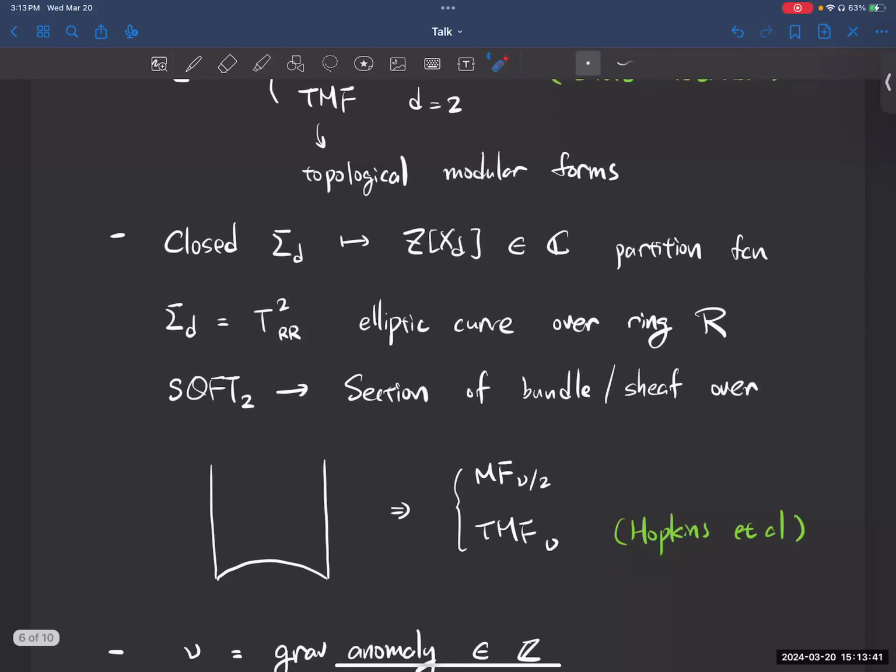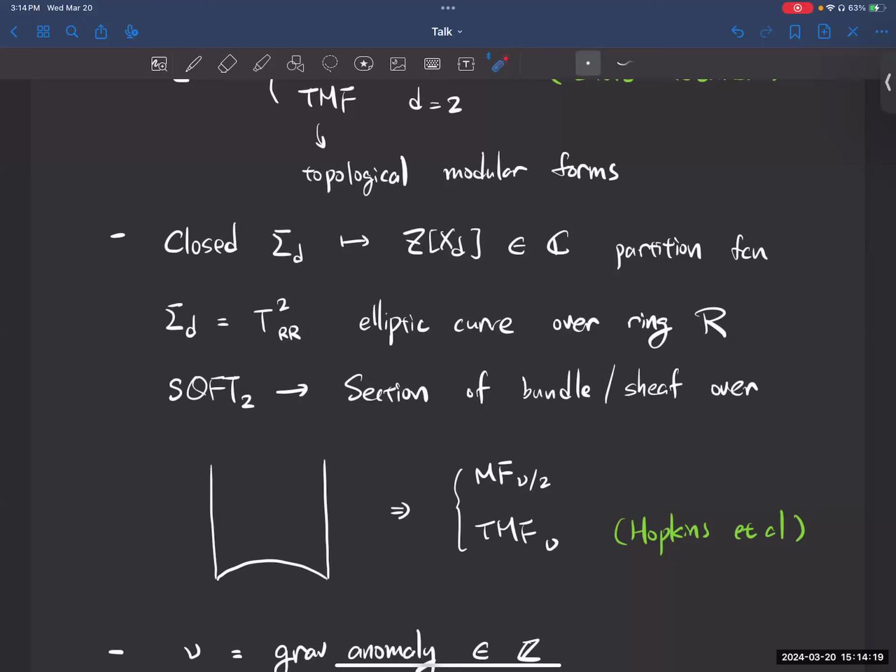If you're given an SQFT in 2 dimensions, and you put supersymmetric boundary conditions in both space and time, then we like to think of this partition function as some section of a certain bundle or sheaf over the moduli stack, or moduli space, of elliptic curves. Right, so this is one way to think about what a modular form is. It's some section of some bundle over this.